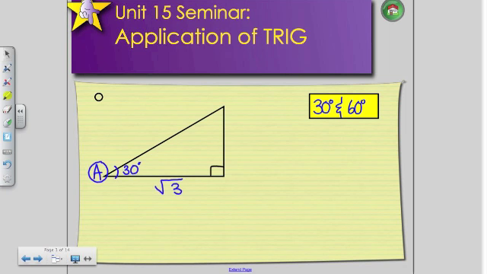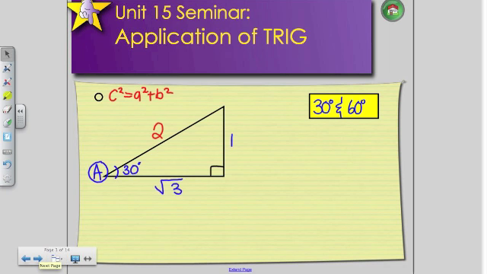My opposite is always equal to 1. And if you memorize these two sides and forget the hypotenuse, remember you can use the Pythagorean theorem, c squared is equal to a squared plus b squared, in order to solve for the hypotenuse. In this case, my hypotenuse is 2.